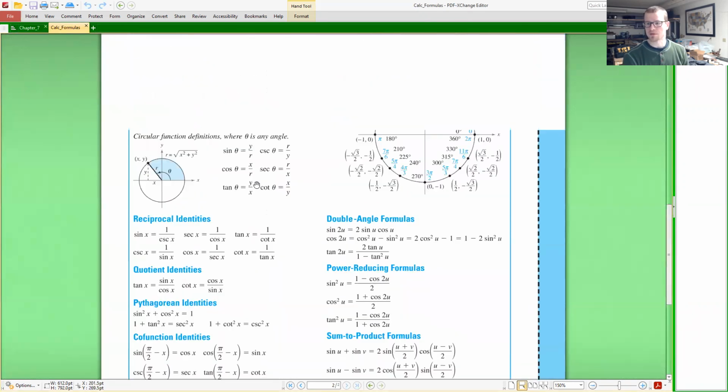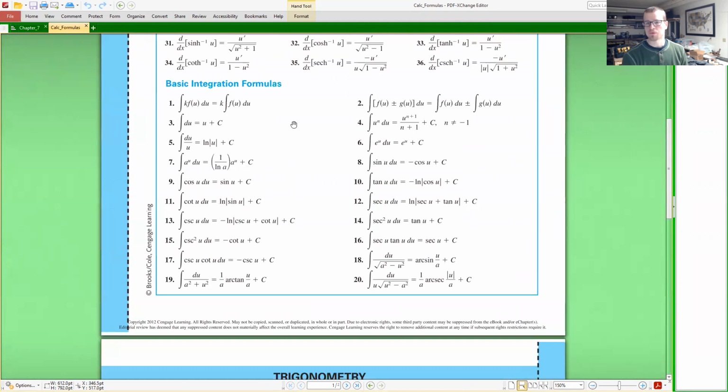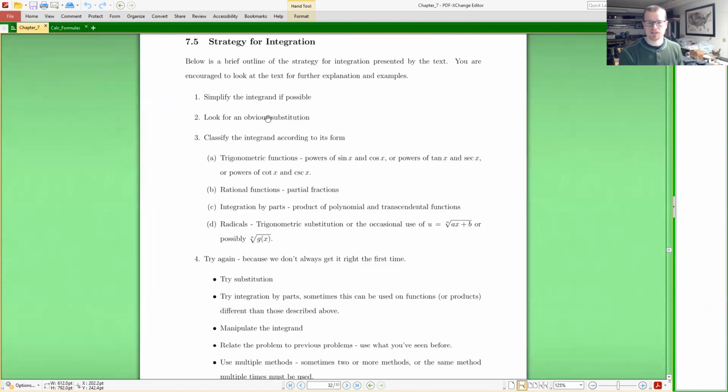If we can find a u substitution that's going to give us one of these basic integration formulas, then yes. So you need to be familiar enough with these to recognize when you have something that looks like this. So we look for an obvious substitution. Sometimes it's not completely obvious, but we look.